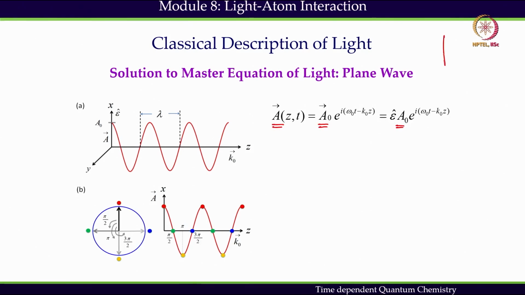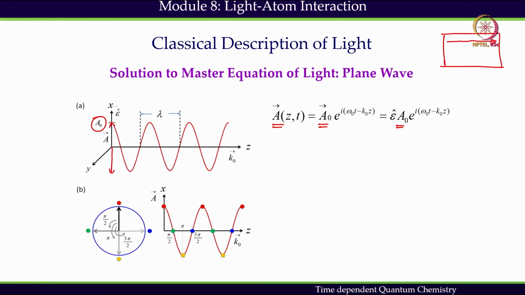So when I say that light is propagating through the medium, what is actually going on is that a certain vector potential is propagating through the medium, and it has its maximum amplitude, which is given by A naught, and it is varying along this x-axis.